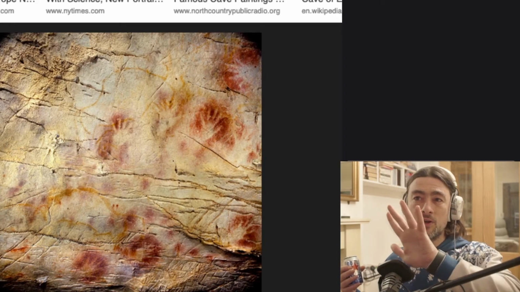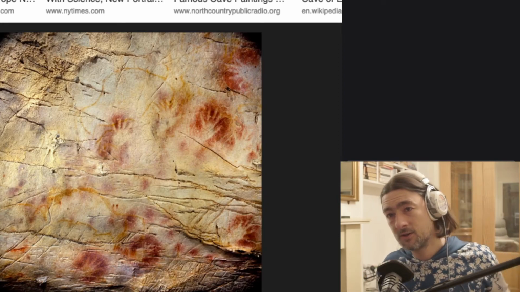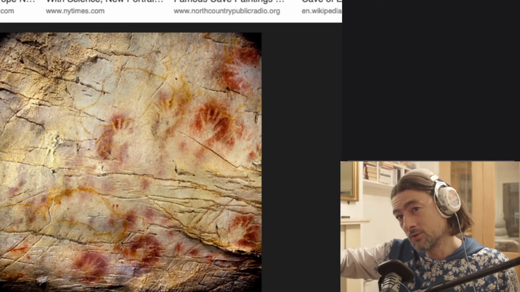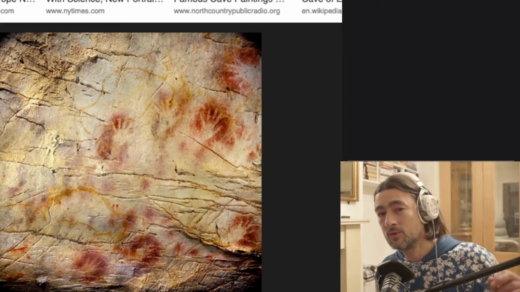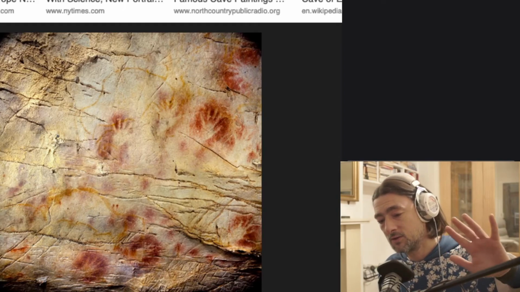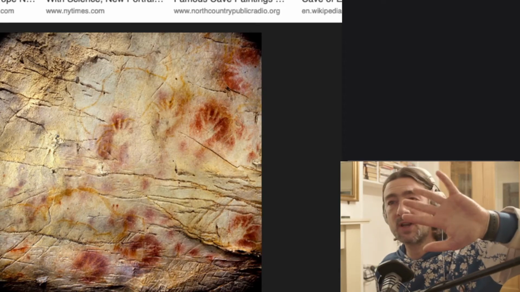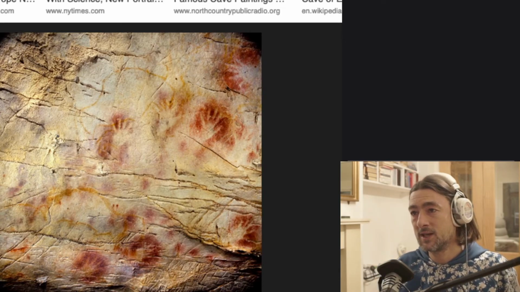But they spit all over. They blow it all, and then they remove their hand, and they've left their mark. So they are real handprints. They really are human people, 50,000 years ago, putting their hands on the rock, spraying all the paint from their mouths. And that's it. They've left their handprint.